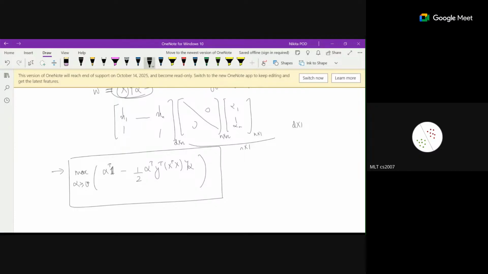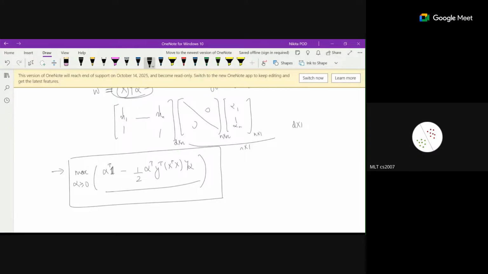So now I have to maximize this with respect to alpha, where my original problem was minimizing norm of W squared by 2 with respect to the constraint W transpose Xi Yi greater than or equal to 1. A benefit of doing this is that we now have this X transpose X in this part.